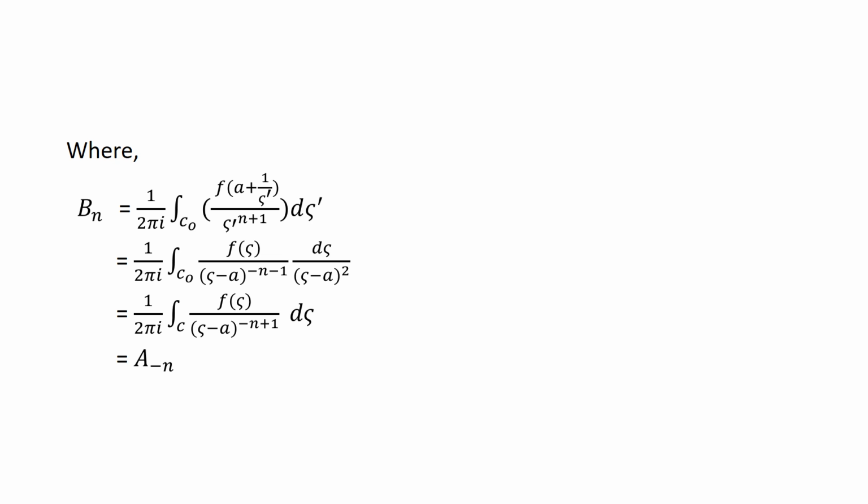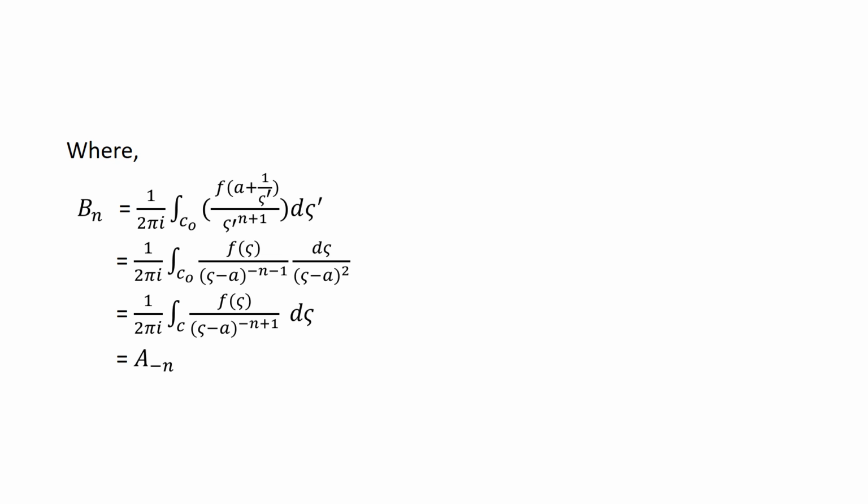That is 1 by 2 pi i integral over C naught f. Now we convert to zeta. f of zeta by (zeta minus a) power minus n minus 1 d zeta by (zeta minus a) square. That is, this becomes 1 by 2 pi i f of zeta by (zeta minus a) power minus n plus 1 d zeta.